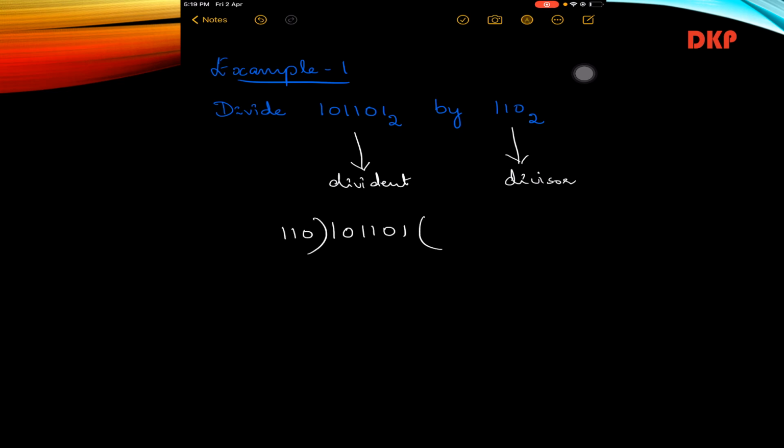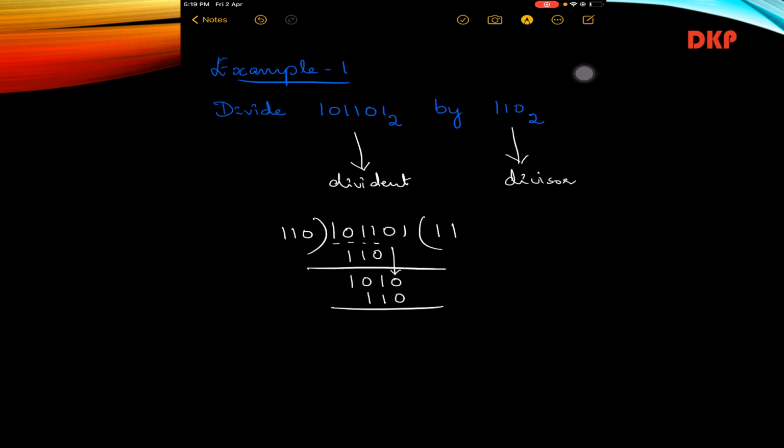So first we will check the first 3 bits 101. It doesn't go in with the divisor 110. So we have to consider the first 4 bits and it will go one time with this divisor and the remainder is 101. Now we have to write the next bit along with the remainder and check how many times the divisor will go with this remainder.